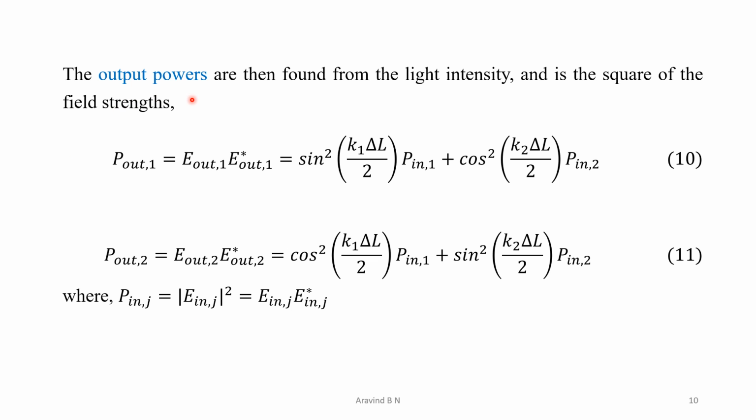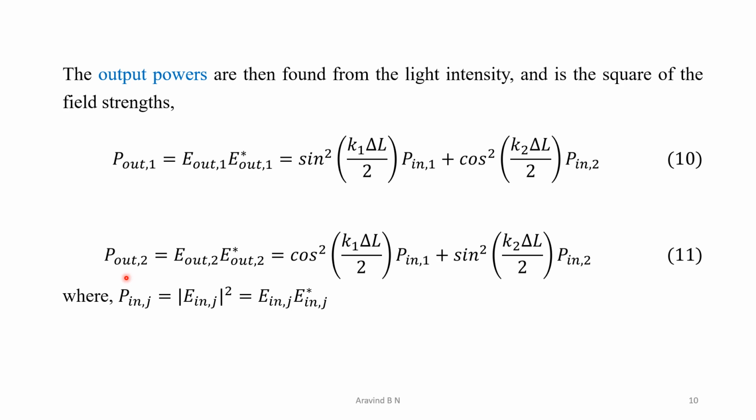Now the output powers are found from the light intensity, which is the square of the field strength. That is, P out 1 is equal to E out 1 into E star out 1. From that we get this realization: sin square k1 delta L divided by 2 into P in 1 plus cos square k2 delta L by 2 into P in 2.